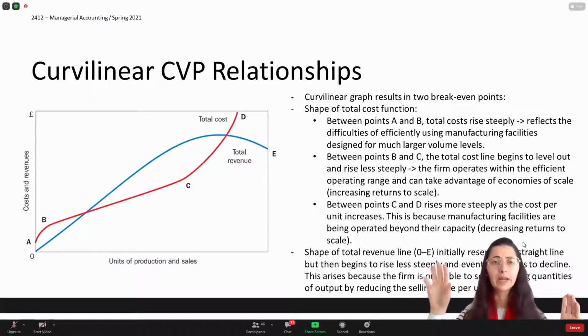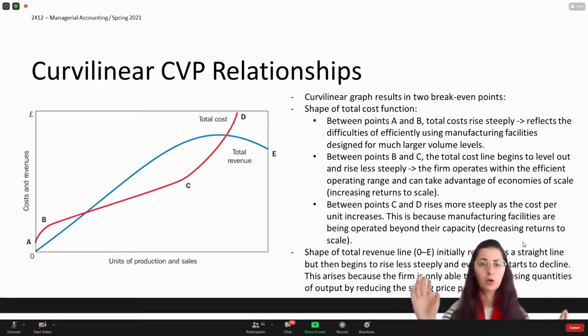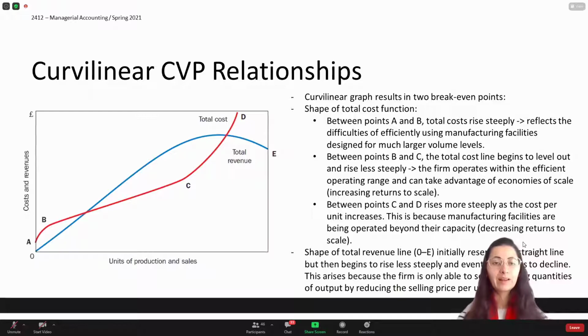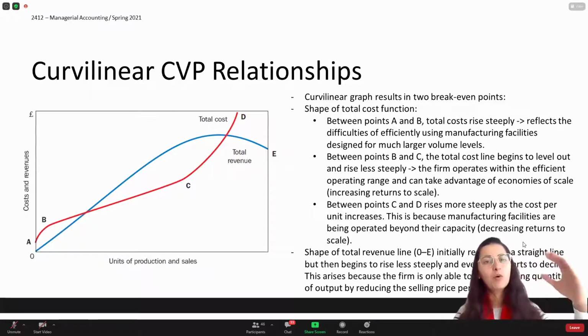So this is when we look at the curve of costs. And then when we look at revenues, normally revenues increase, and they keep increasing. But there's a point at which, if you want to sell more, we have to decrease prices. So between point 0 and point E, revenues increase as we sell more quantities.